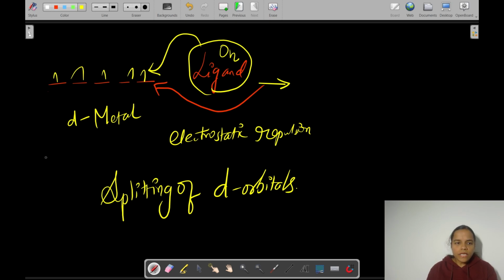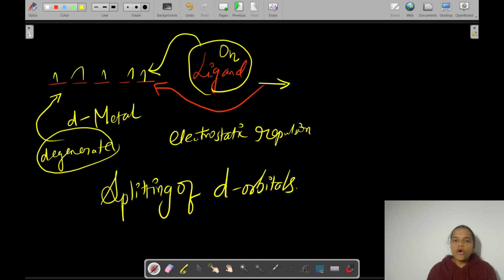They usually are degenerate. By default, they are degenerate and equal in energy. But when there is the approach of the octahedral ligands, it leads to the splitting of the d orbitals. What kind of splitting takes place? We already saw there are five kinds of subshells.